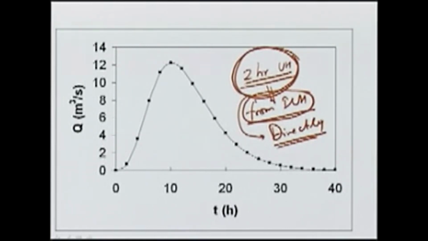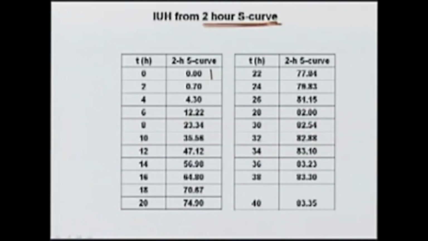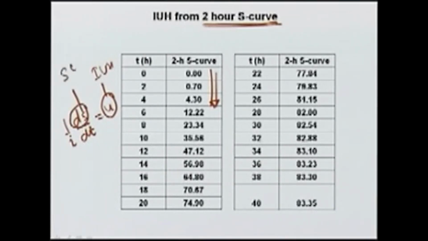So, suppose directly we know the 2-hour UH, based on the 2-hour unit hydrograph we can obtain the 2-hour S curve. So, those values are shown here, and as we have seen the relationship between the ordinate of the IUH and this is the S curve ordinate.